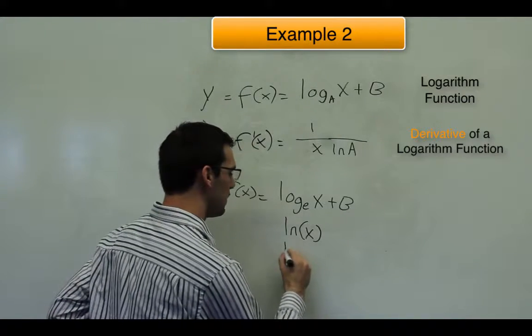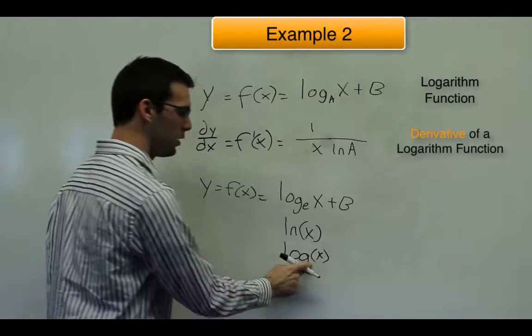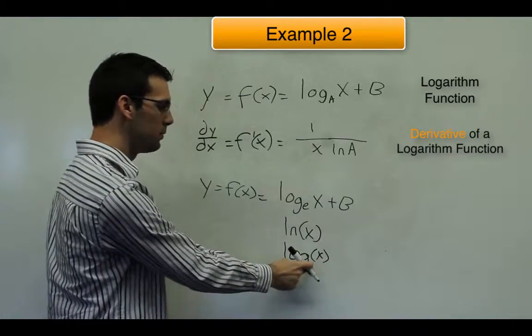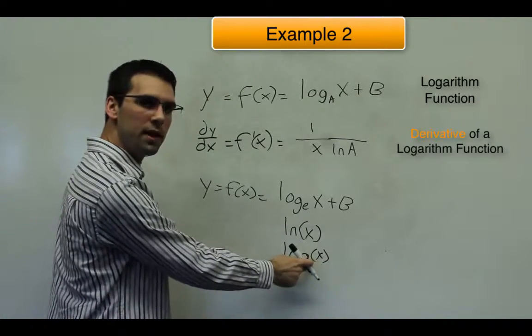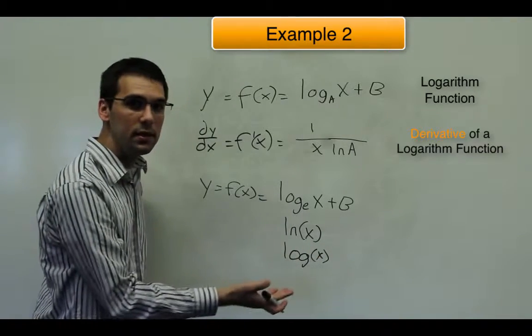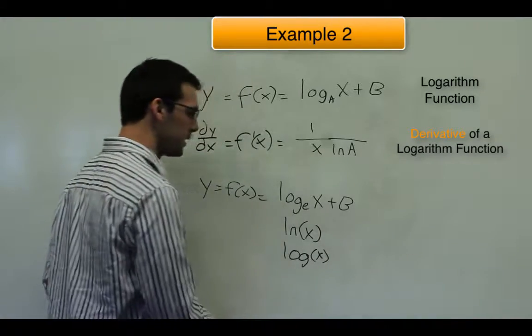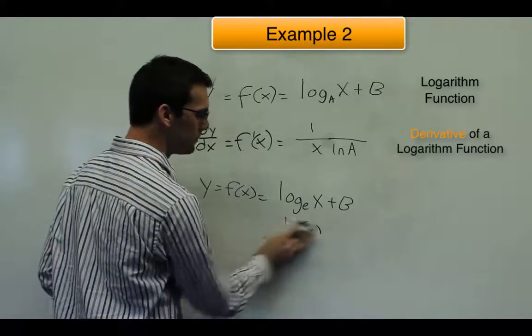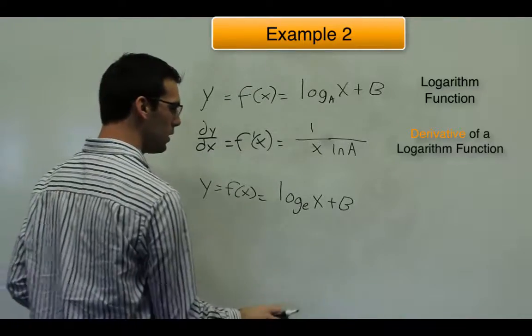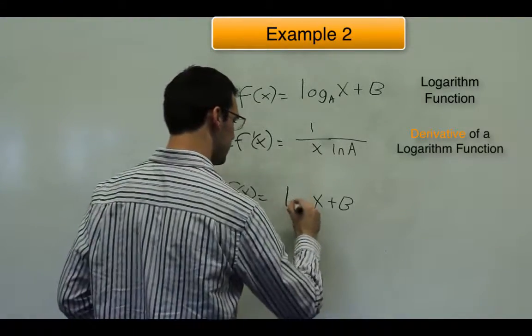Also, sometimes people use just log of x. They don't write a base here, but when they don't write the base, generally that means that the base is e for most usages that I've seen, because we like to use e. So we'll go ahead and write ln of x, just to be clear.